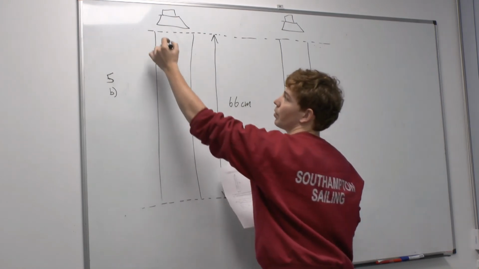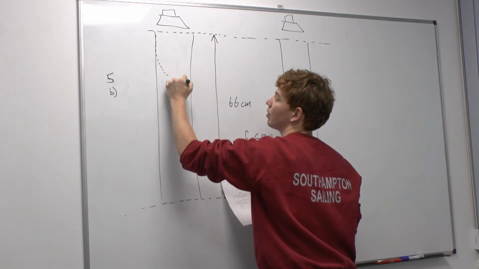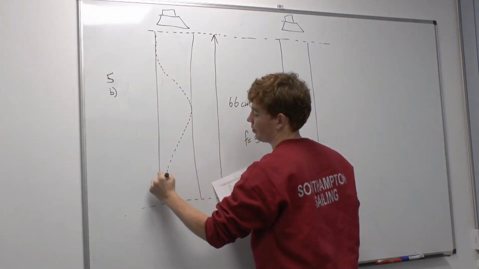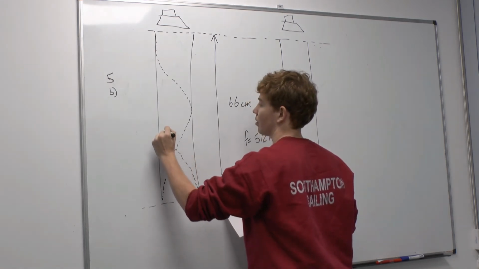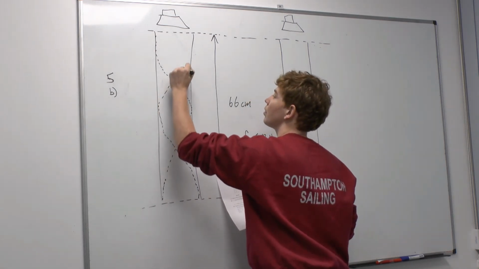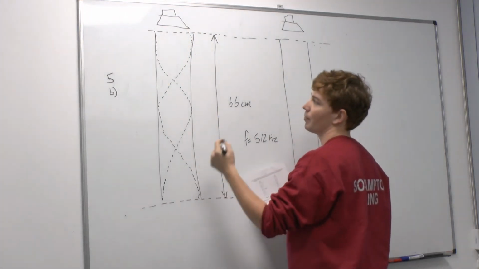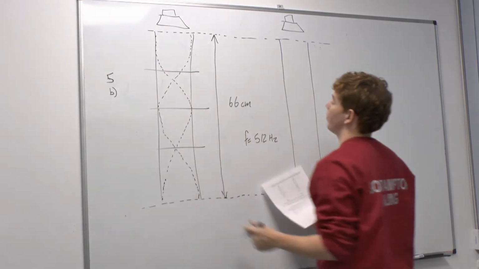Very similar to the last one, antinode at the top, another antinode in the middle, and an antinode at the bottom. If it makes it easier to draw, you can just divide the tube up into 4 bits, like that.